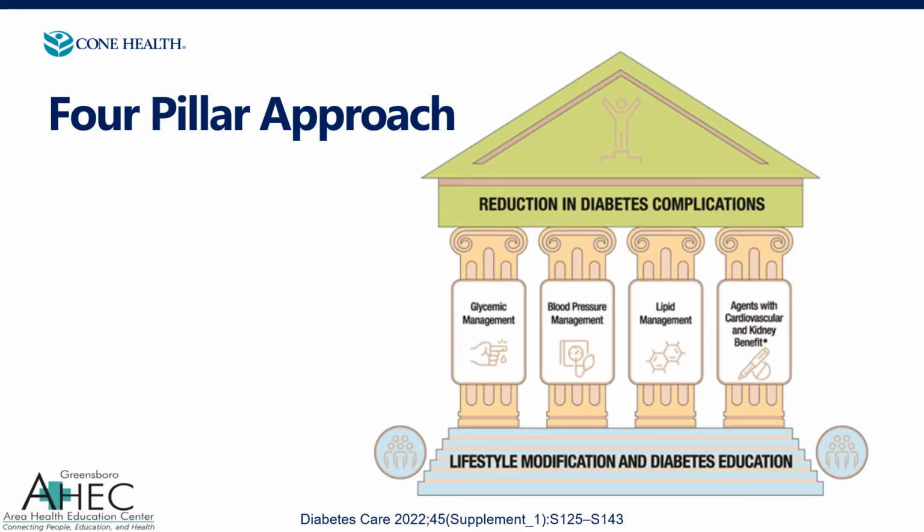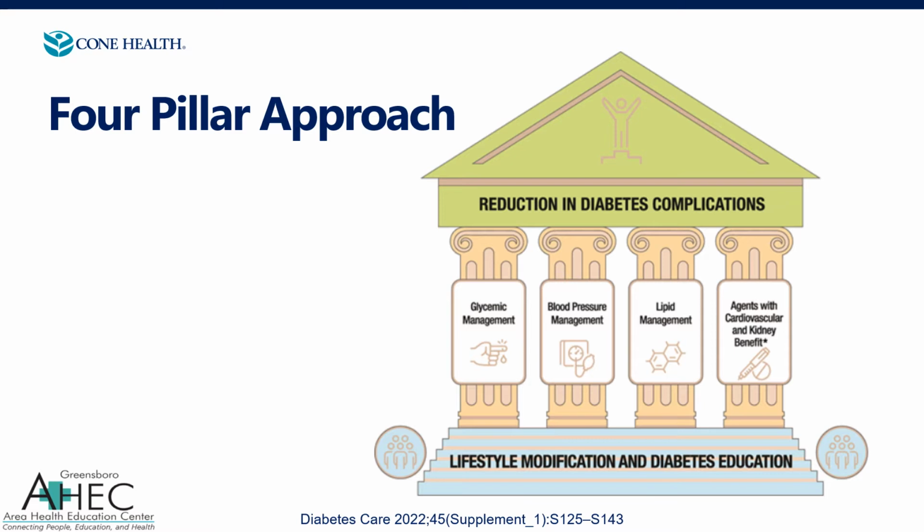In 2022, the ADA modified its recommendations on how to manage diabetes-related complications, including heart failure, CKD, obesity, retinopathy, and more. The new four-pronged approach for people with diabetes is to help reduce the risk of developing these complications.